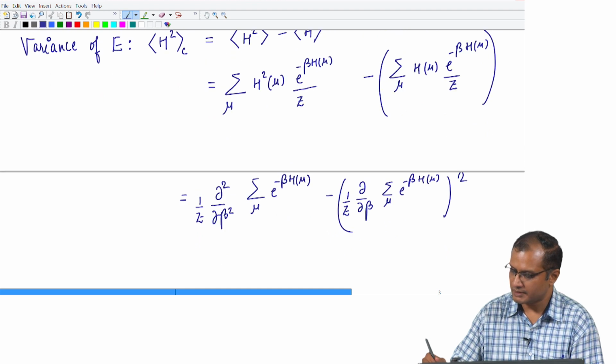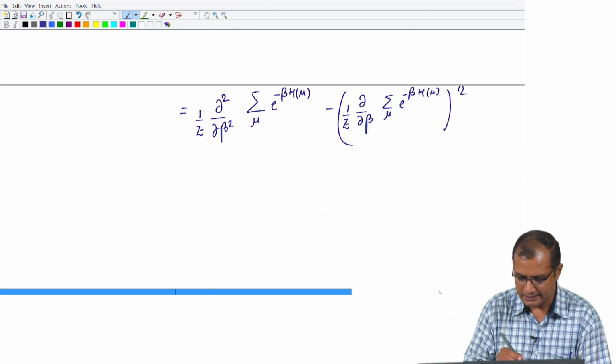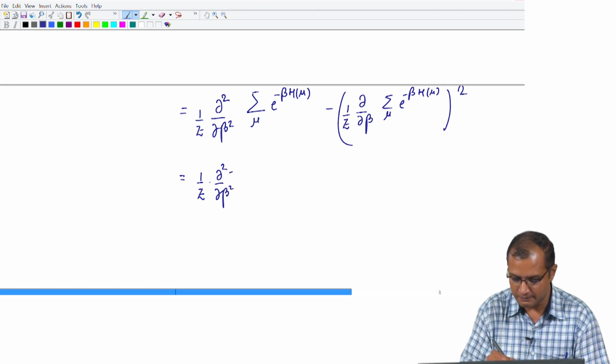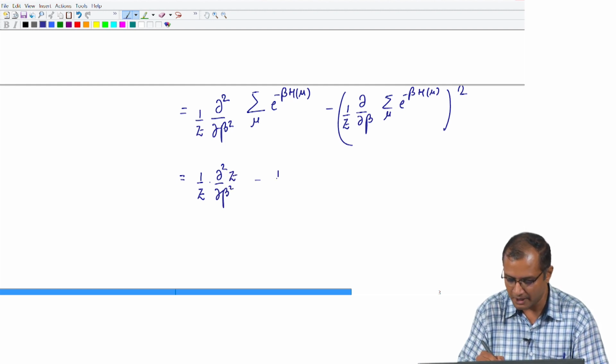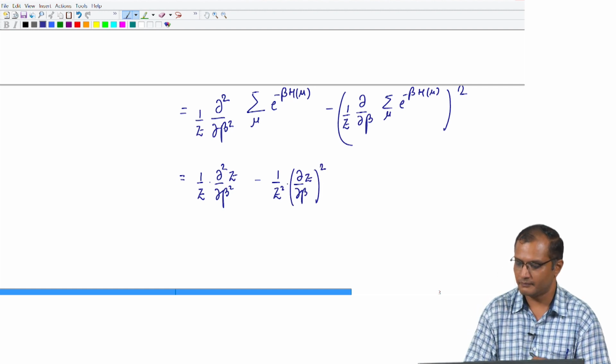Notice that if I do a d over d beta, it will pull out a minus H. This is nothing but 1 upon Z d square d beta square of Z minus 1 upon Z square d by d beta of Z the whole square.